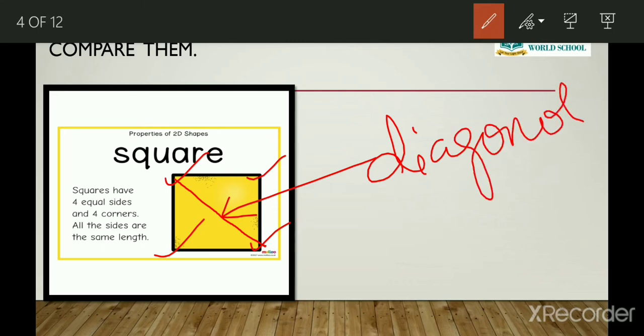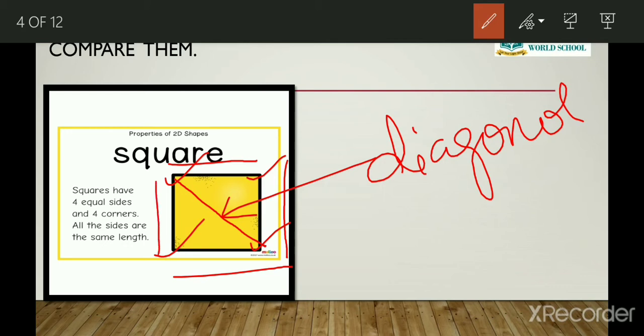Okay? Now, coming to the properties of a square, a square has 4 equal sides, 4 corners and all the sides are of the same length. Okay, side 1 equals side 2 and side 3 equals side 4.